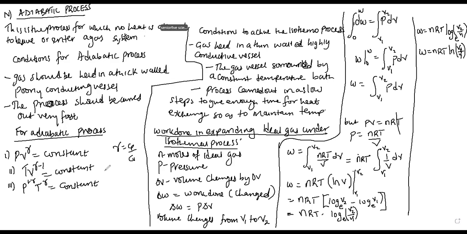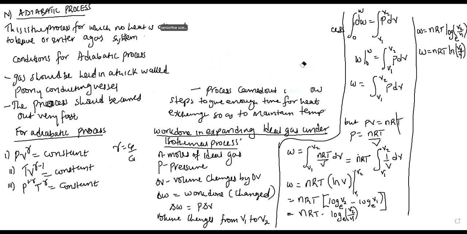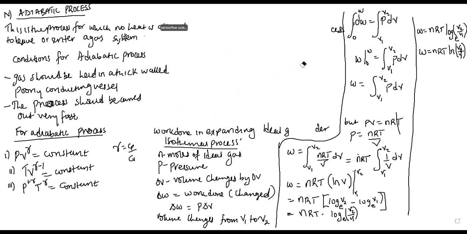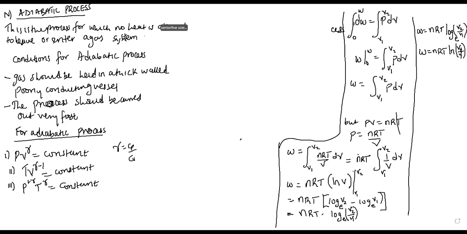I'll start with PV gamma is a constant. The derivation for PV gamma is a constant.